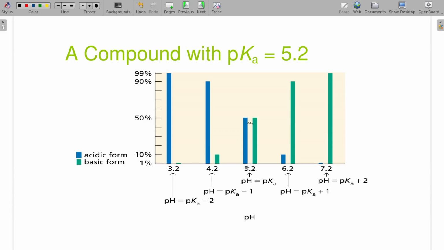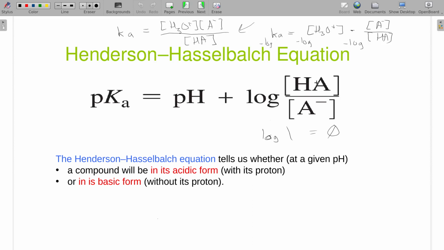All right, but I want to show you something else. Let's say we have a ratio of 10 HAs to 1 A minus, a 10 to 1 ratio. The log of 10, which is what this would be, is actually just 1. So what we see is something kind of neat.